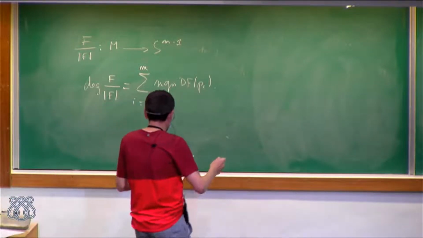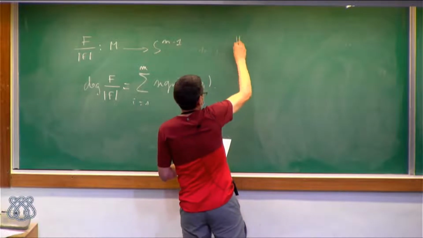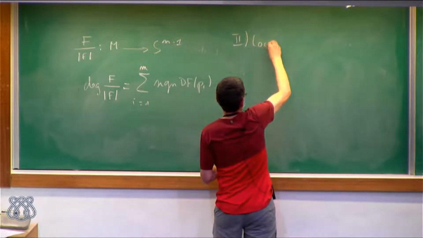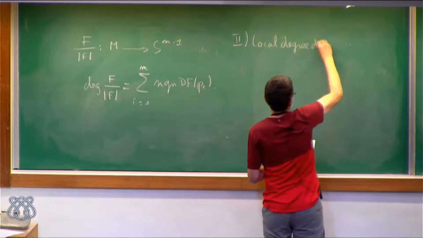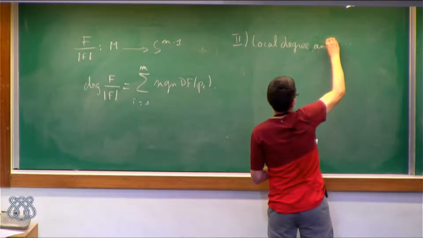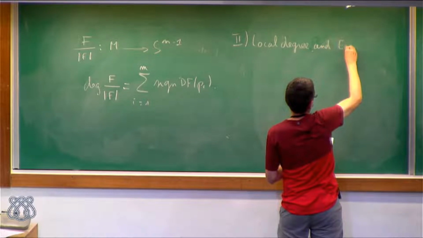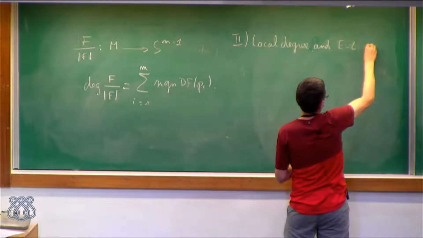This is paragraph 2: local degree and the Eisenbud-Levine-Khimshiashvili formula. I will write it as the ELK formula.